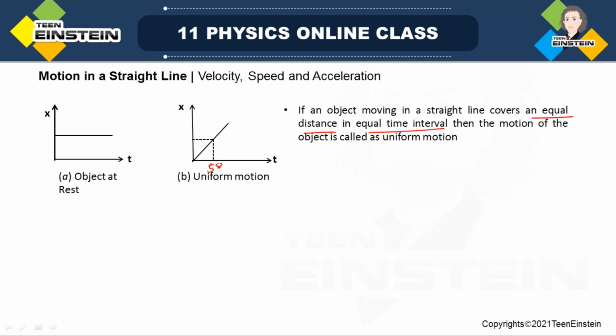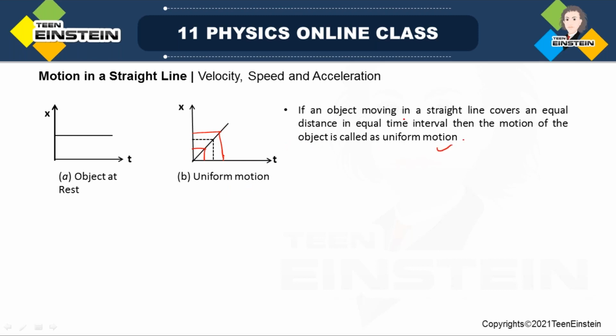Suppose this is 5 seconds, it is covering some 10 meter. Again, if I take another 5 seconds over here, then again another 10, so it will be totally 20 meter. So if you look here, in equal time intervals the object is covering equal distances. So this is a straight line, and this type of motion is called uniform motion of an object.